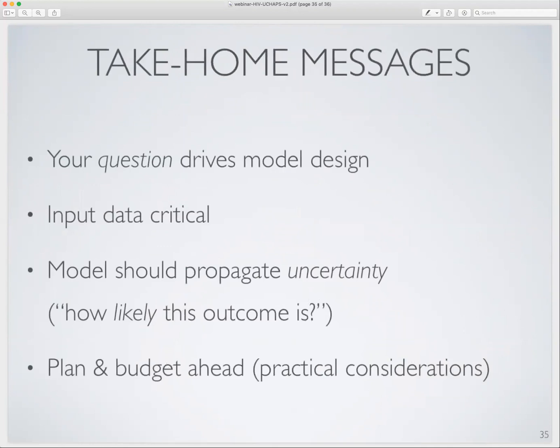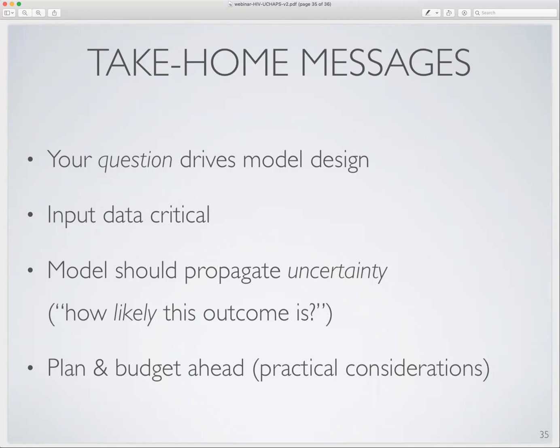Okay, so to wrap up, I would say that again, your question will be a key driver to the model design. And what I mean by model design is how complex the model will be, what kind of data we will need, and how much time it will take, and so on.